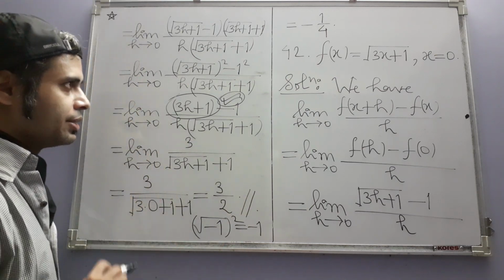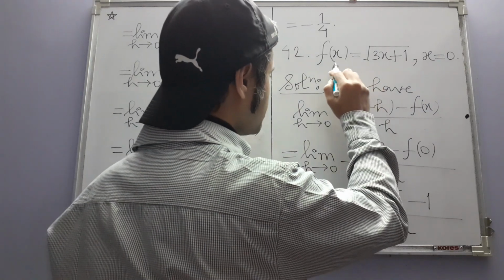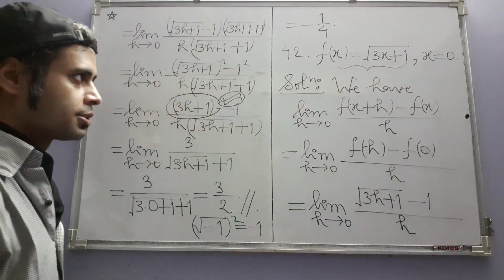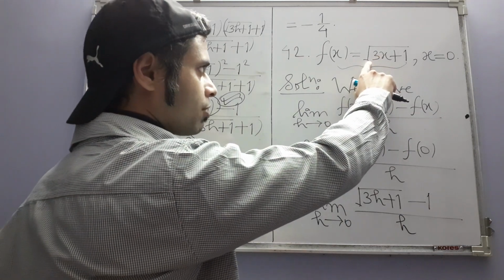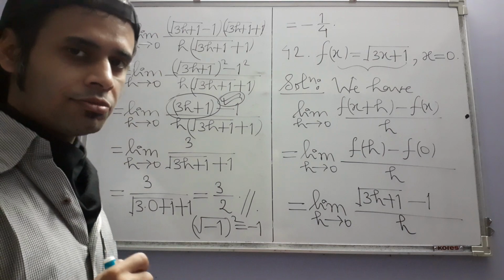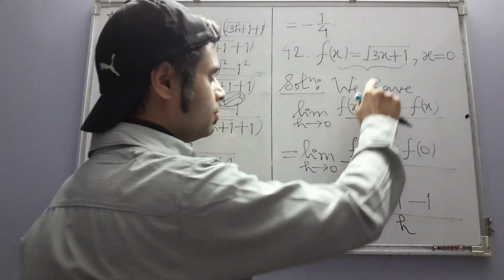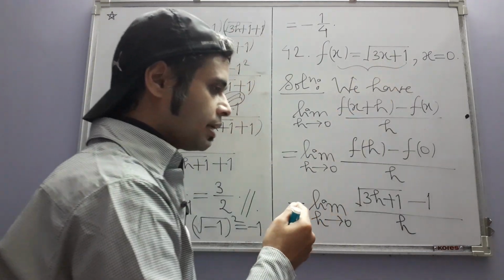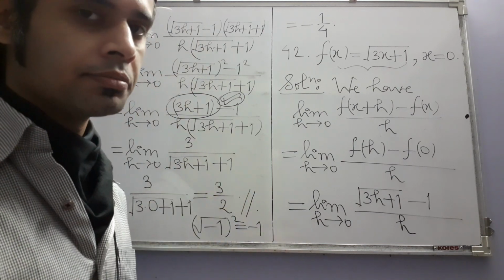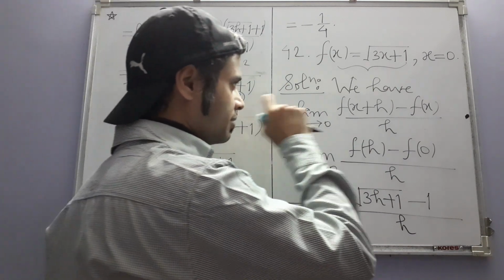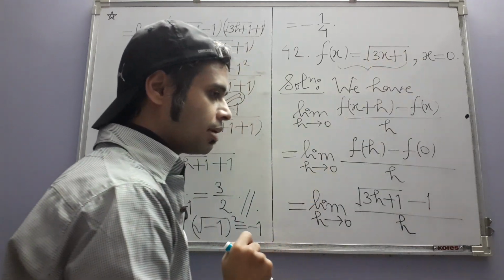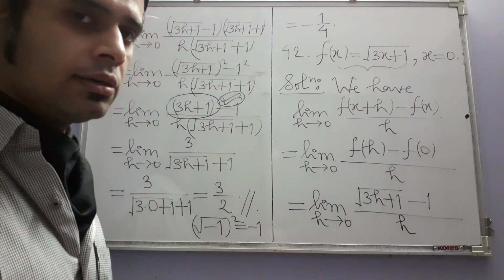A hint is that you have to see what the domain of this function is. Since we have a square root, of course the domain cannot be the entire set of real numbers. For example, say x equal to -1, you cannot take it, because if you put -1 here, then inside the radical sign you are getting -2. That is not a real number.